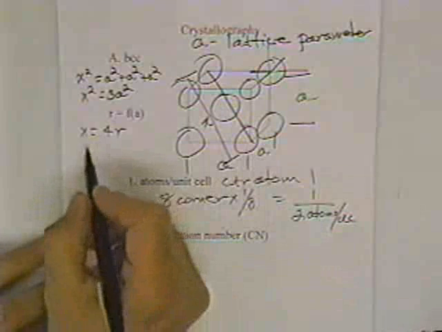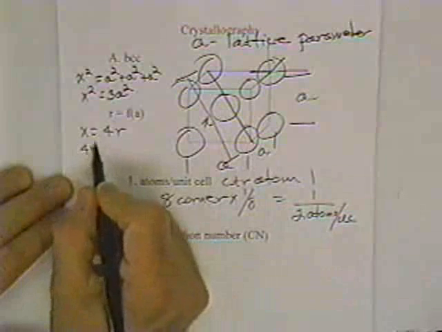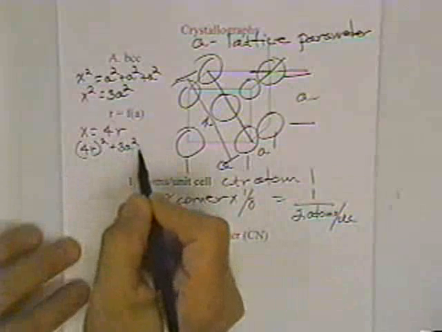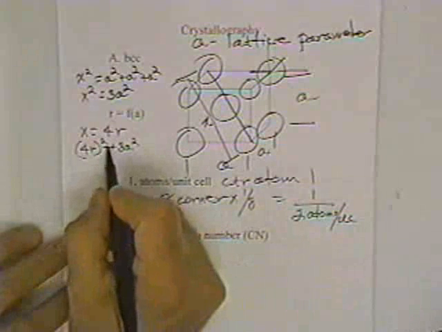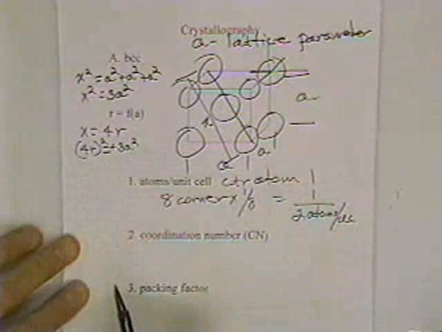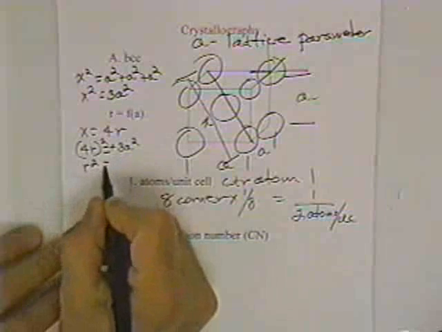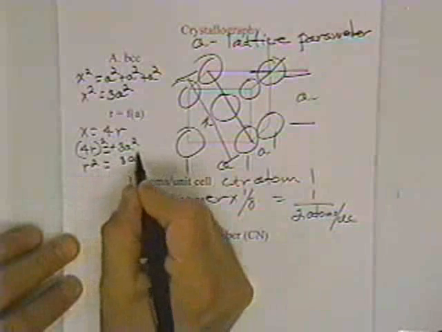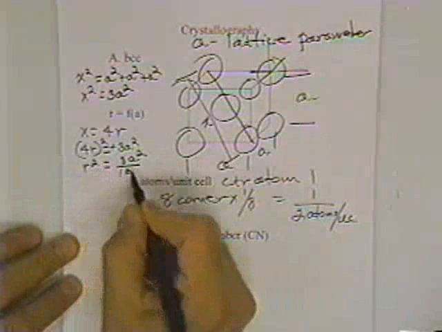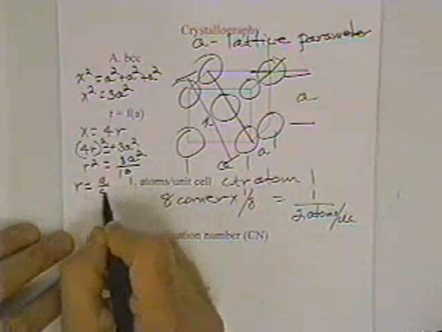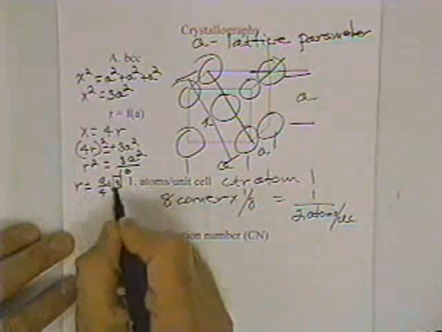So we can substitute in there for x: 4r squared equals 3a squared. I think I forgot the equal sign in there. And if we solve that for r, we have r squared is equal to 3a squared over 16. We solve for r, it's going to be a over 4 times the square root of 3.